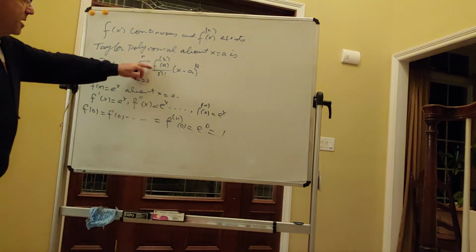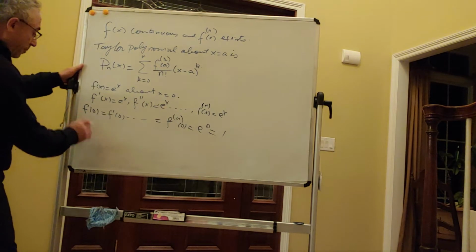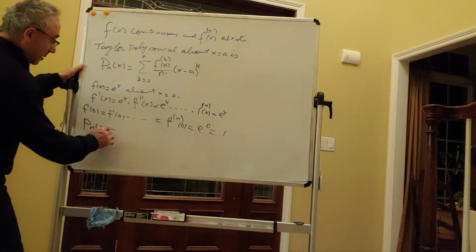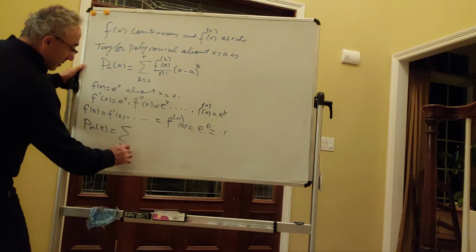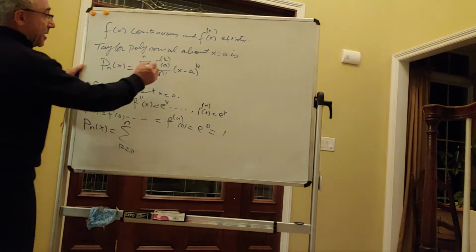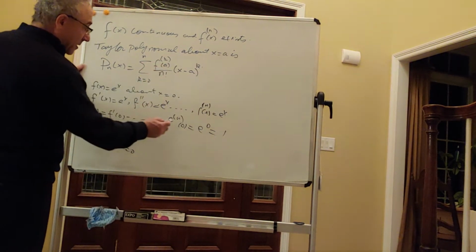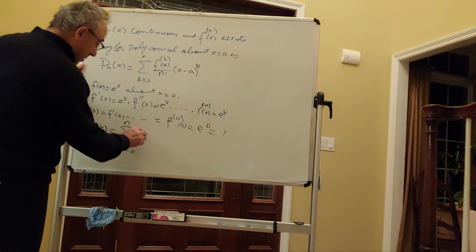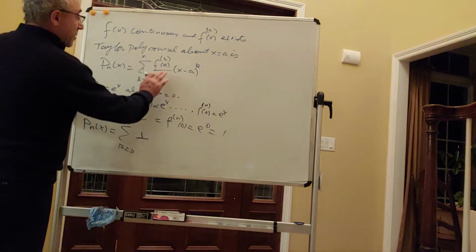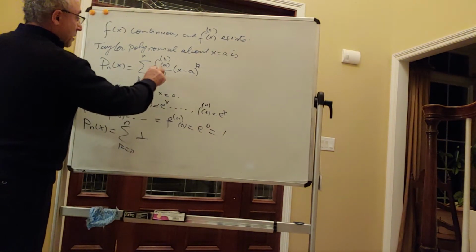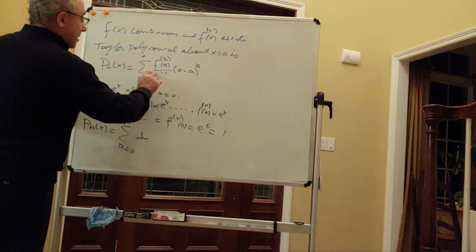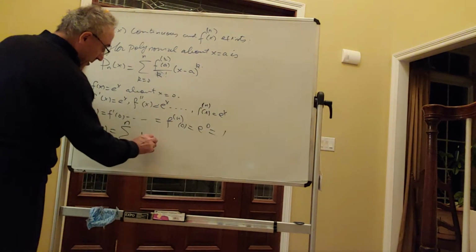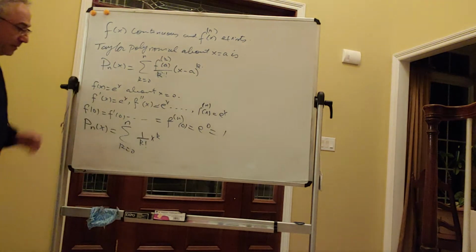So P_n of x is the sum from k equals 0 to n. Now f^(k) of a, this is f^(k) of 0, so f^(k) of 0 is 1 over, sorry, this is k factorial, guys. This is 1 over k factorial times x to the k.